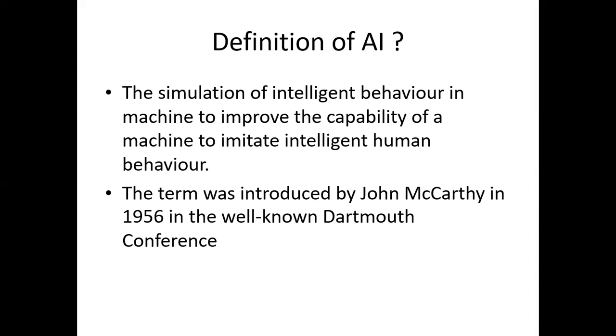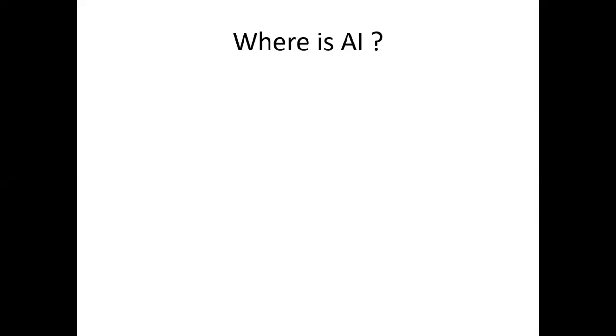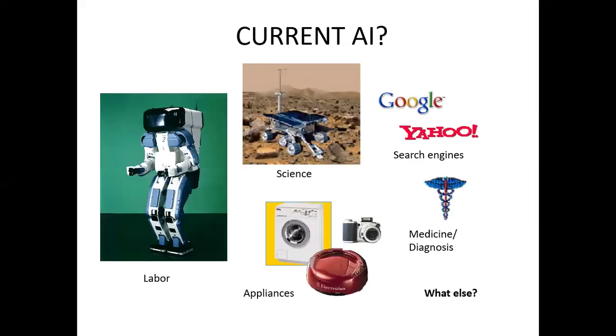And it has been there a long time, but currently it is everywhere. In space, you can see robots getting landed, and by that we are doing research on space and the moon. Similarly, we have robots, mostly in Japan, where the aging population is very high, so they are replacing people with robots.